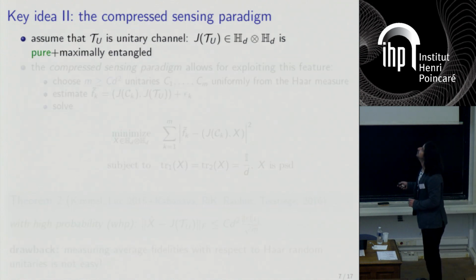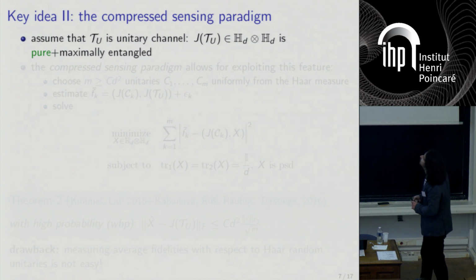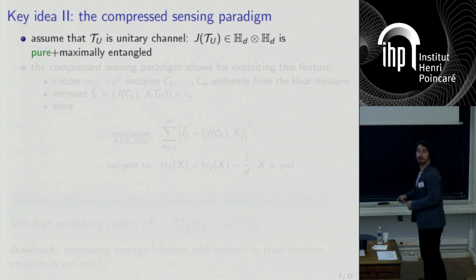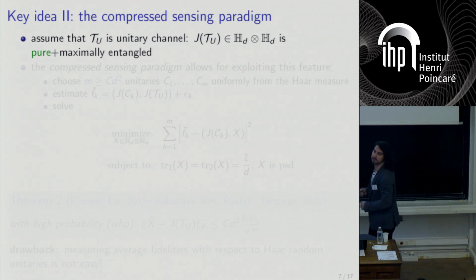The second main ingredient is what I call here the compressed sensing paradigm. Remember that if U is a unitary channel, then the Choi matrix is pure and maximally entangled. In math terms, this means that the matrix is constrained to have unit rank. And this is an interesting constraint because it's not so easy to grasp.